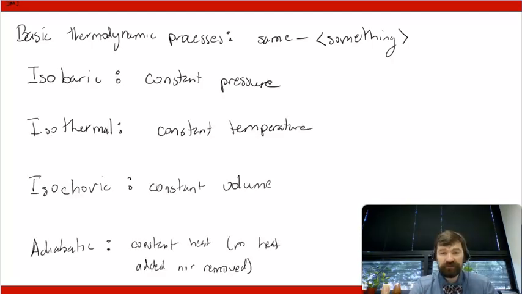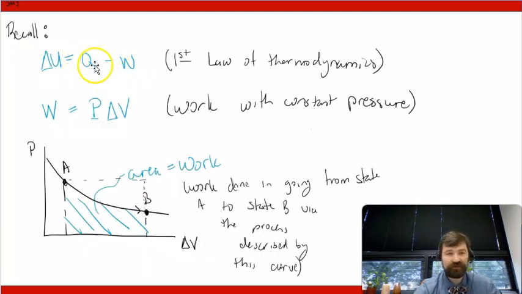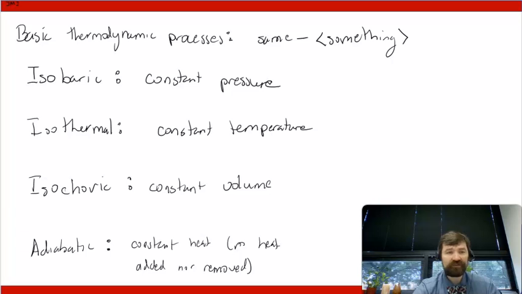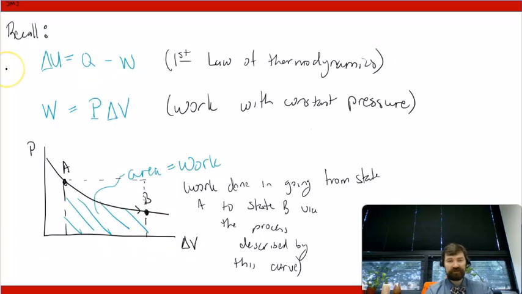Now, in each of these processes, our first law of thermodynamics equation and our work done, these two concepts here, may be slightly different. So let's think about this for a minute. What would isobaric imply? Well, we have constant pressure, and that is just the definition that we gave for work initially.